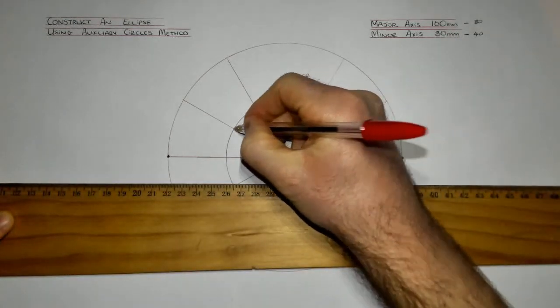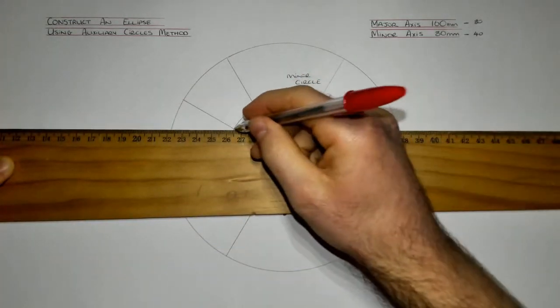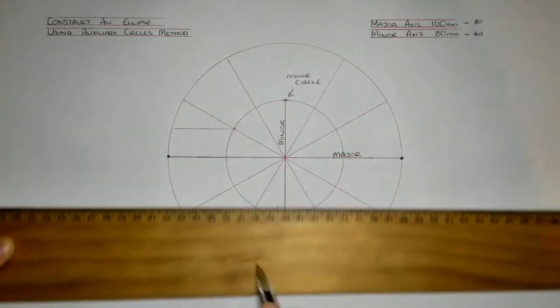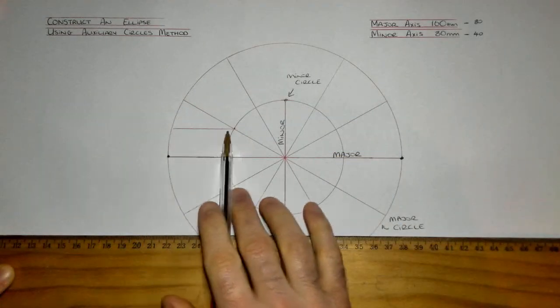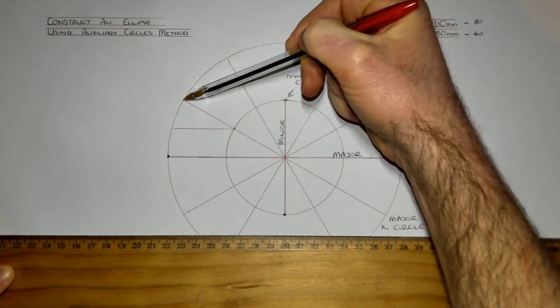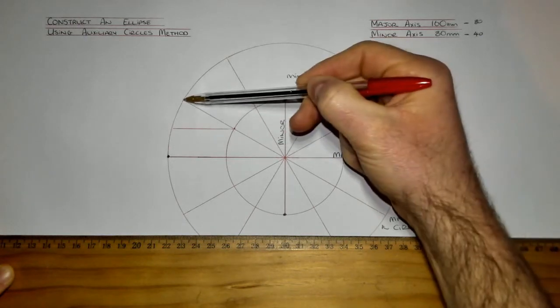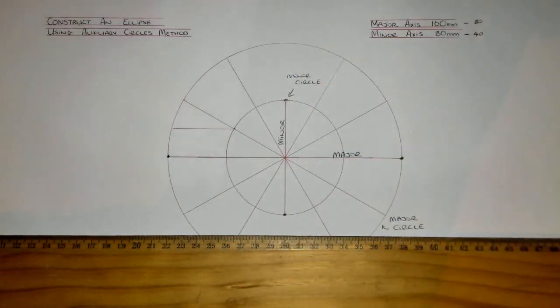I know my major axis is going in this direction, so where it cuts the minor, I'm going to go parallel to the major. So that line there and that line are parallel. Where the same line is cutting the major circle, I'm going to go parallel to the minor axis. So at this point here, I'm going to go down.